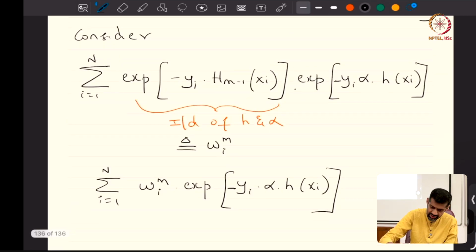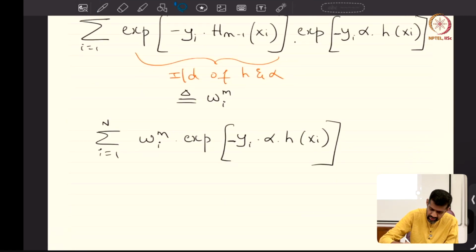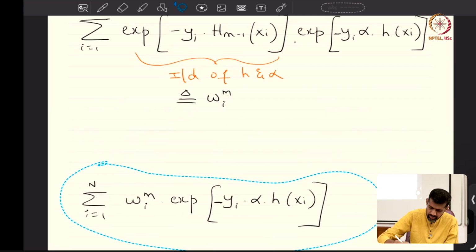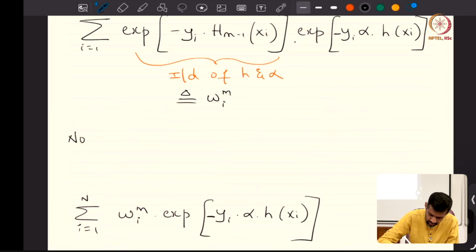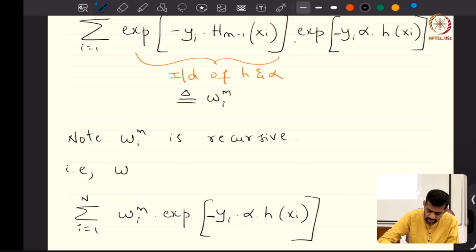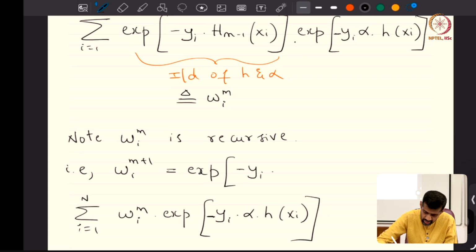Now, this is one thing. The other thing is, or maybe before this, there is a side note. Okay, so note wi m is recursive. That is, wi m plus 1. What is this equal to? e power minus yi times hm of xi, correct?